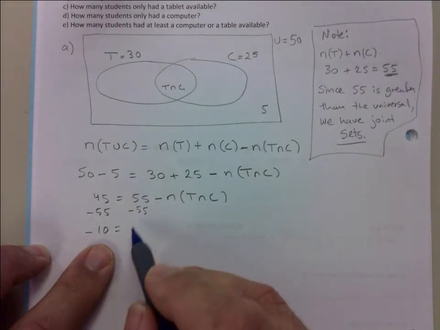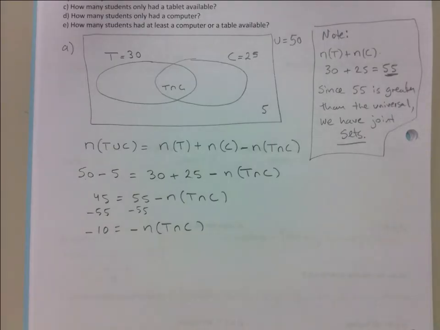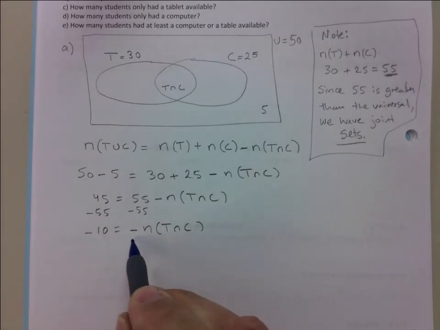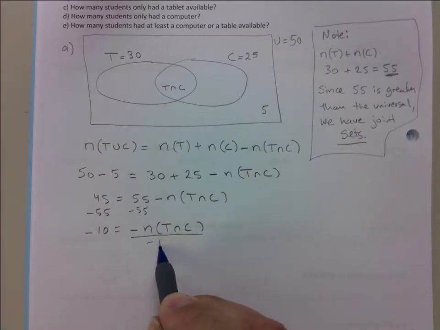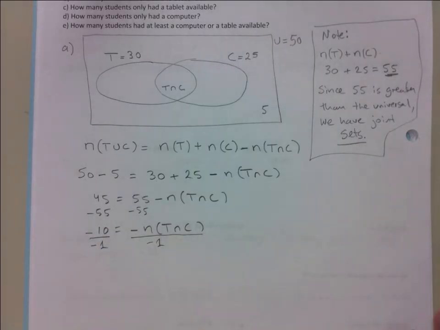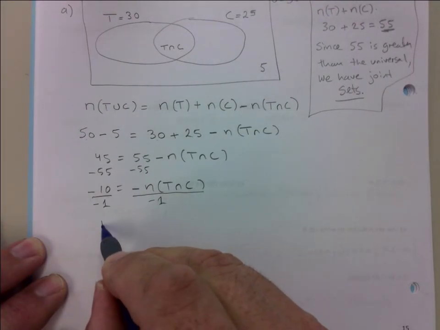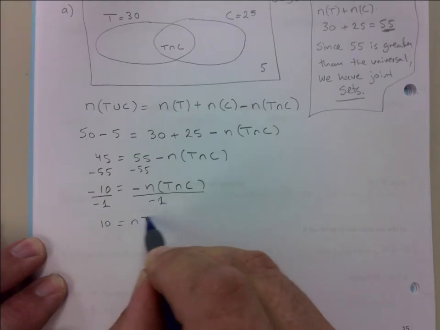Okay? And on this side, you're left with negative T and C. What do I do now? I don't know what you teachers have done before. Some teachers just change the signs for both sides, but I divide both sides by negative 1. And so we've got 10 is equal to T and C.